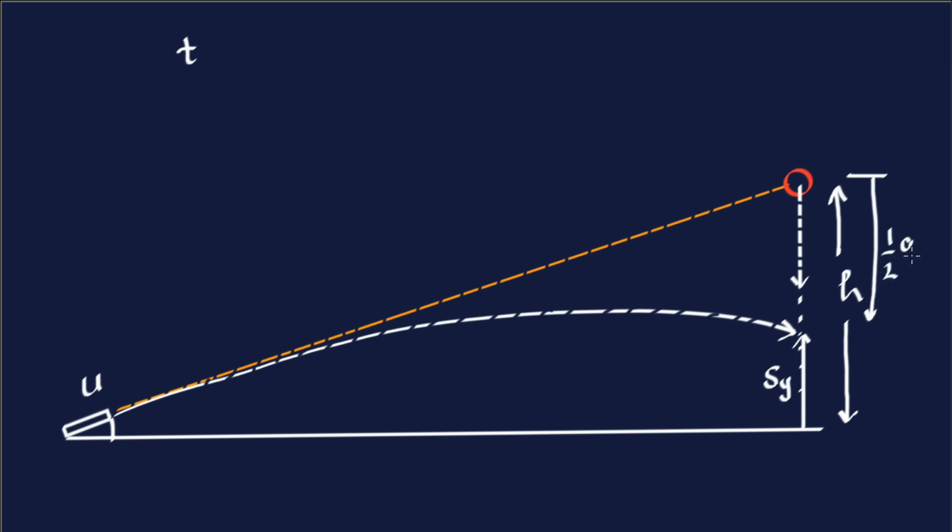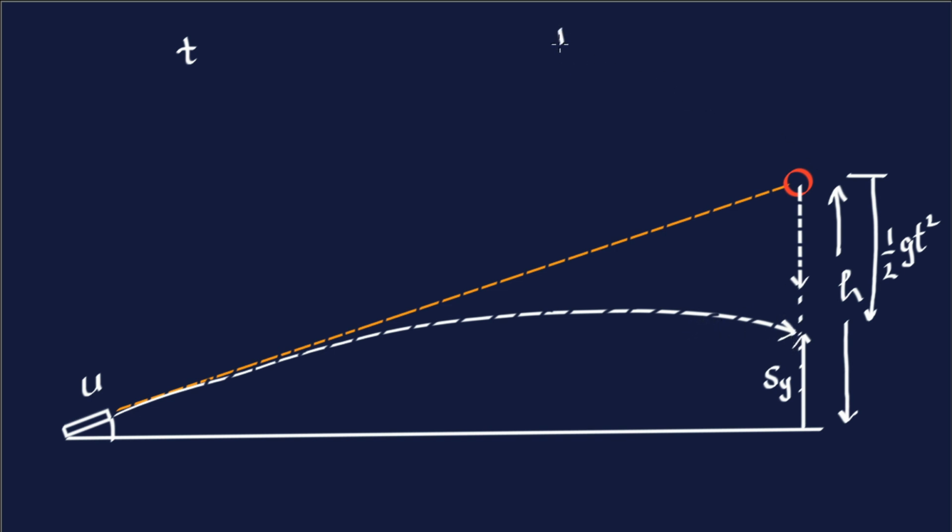Half gt squared, because the initial velocity of the target is 0. ut plus half at squared, that's the displacement, and this time I am taking downward as positive, so I get half gt squared as the distance. We need to show that distance is equal to h minus sy, which means the target has come down exactly the right distance so that it meets the bullet.